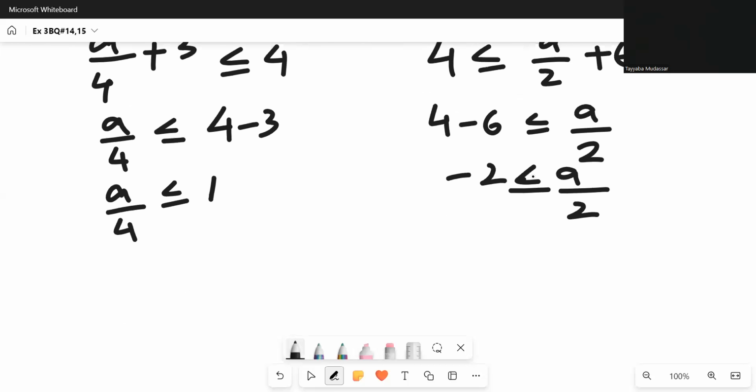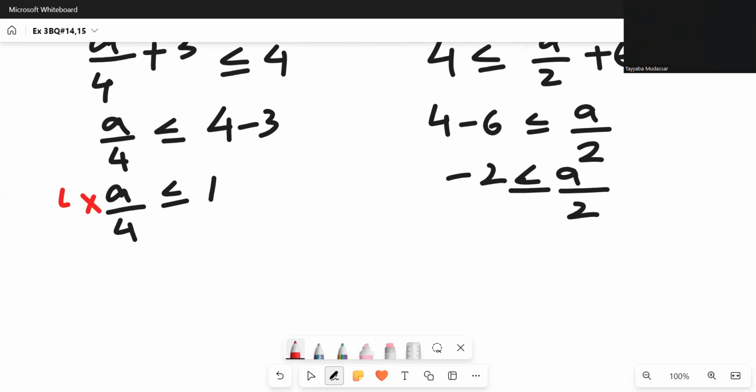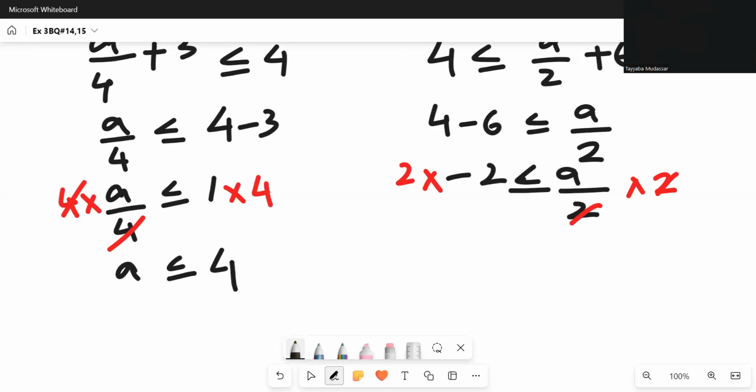Now here we have to get the values of A in both inequalities. Here we will multiply by 4 on both sides, and here we will multiply with 2 on both sides. So we can get rid of this 2 and this 4. So it will be A lesser than or equal to 4, and this will be A.